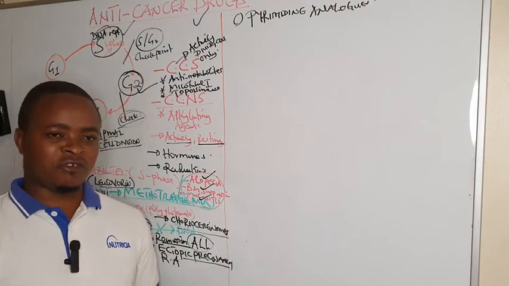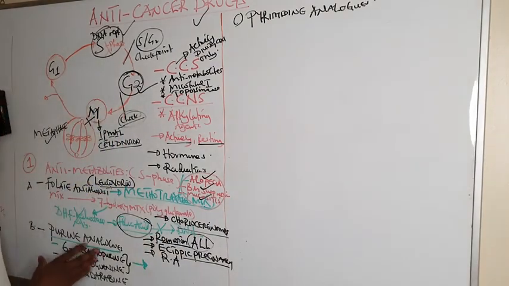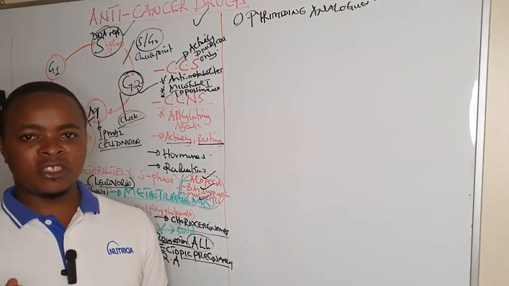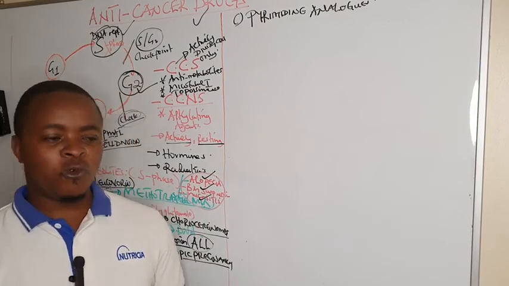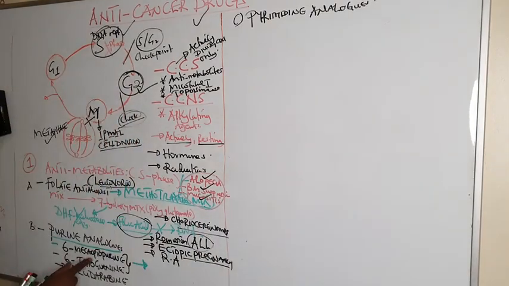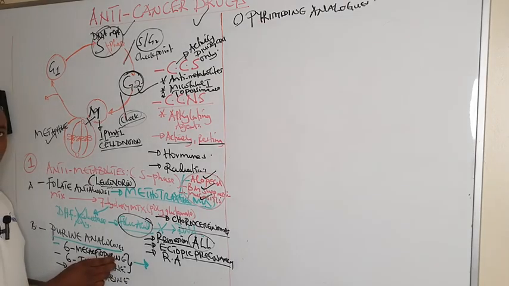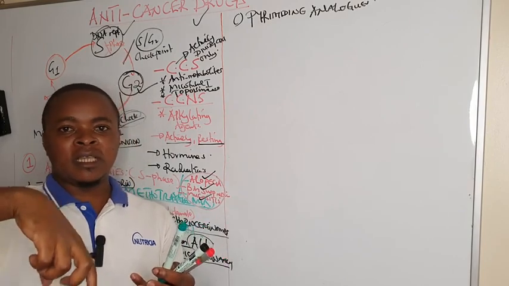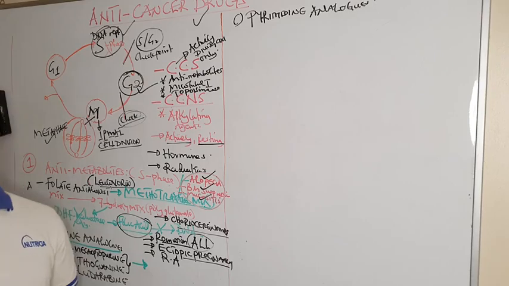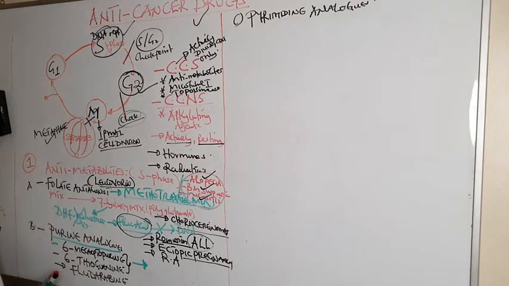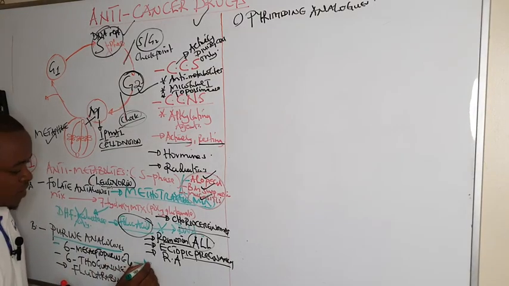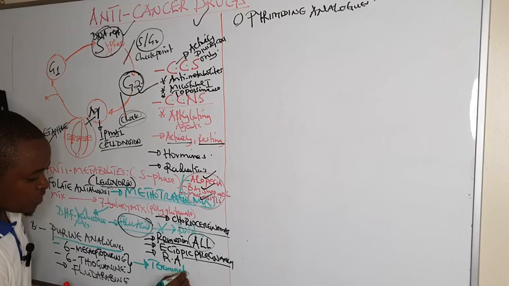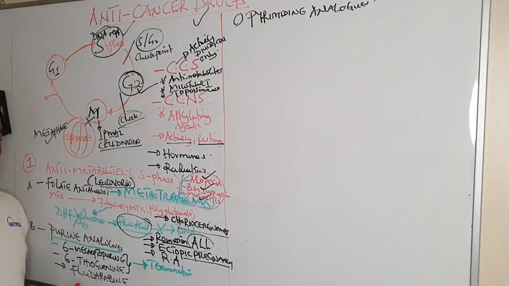When these are incorporated into the strand during DNA elongation in DNA replication, they cause DNA termination by competitively inhibiting DNA polymerase.